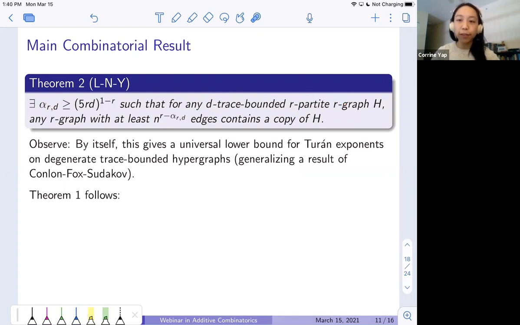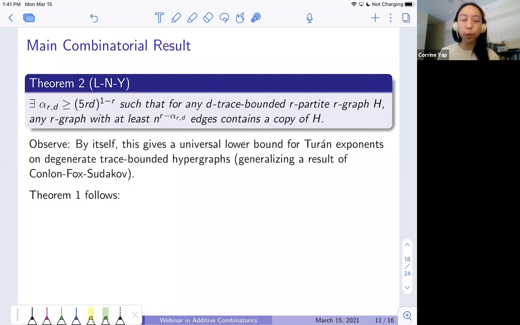And I have this sort of Turán result for these particular graphs. I can find this alpha such that any R-graph with at least n to the R minus alpha_{R,D} edges contains a copy of H. So now I'm ignoring the topology altogether. Now this is just a result about the Turán problem for hypergraphs. If I have this many edges, then I can find an isomorphic copy of my favorite D trace bounded hypergraph.